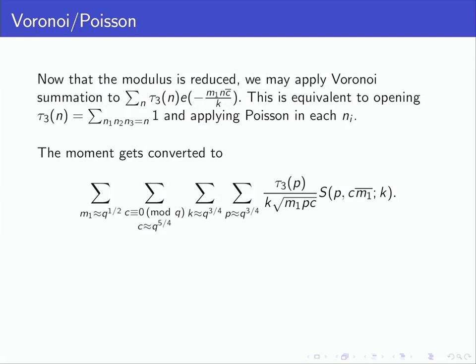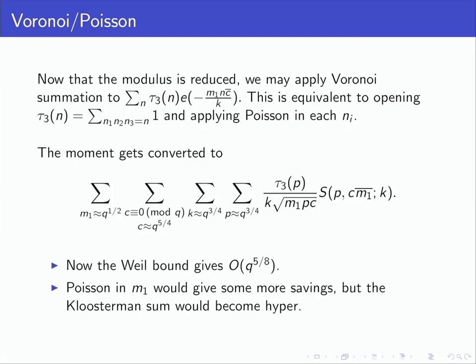Originally N was Q to the 3/2, but now it's down to Q to the 3/4, and that came entirely from the reduction in the modulus K. So now we've made some progress, because the V-bound gives us Q to the 5/8. It started out 7/8, and then we took a loss, and then we got it back.